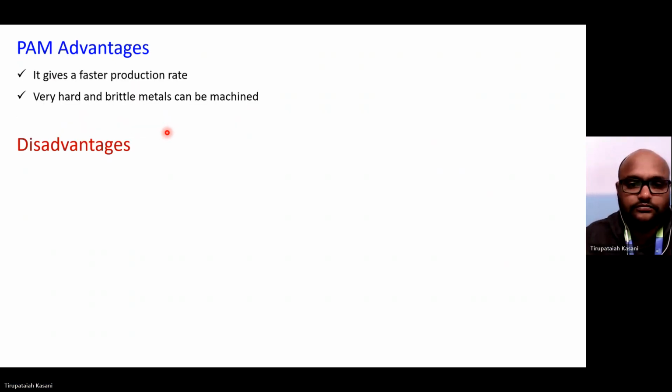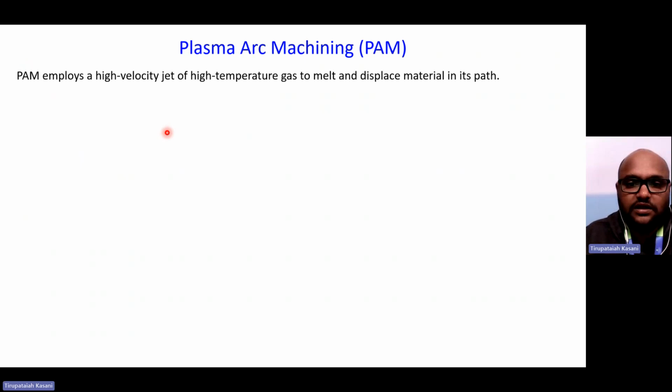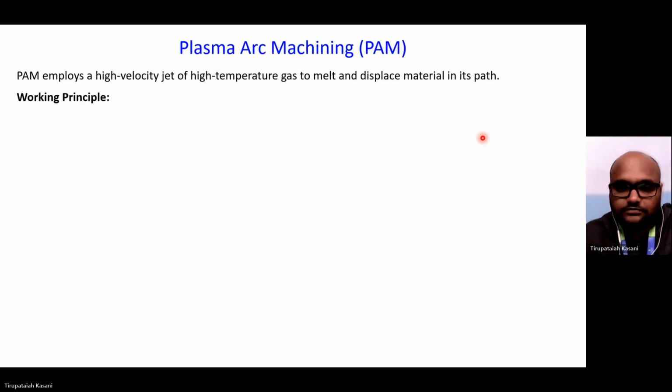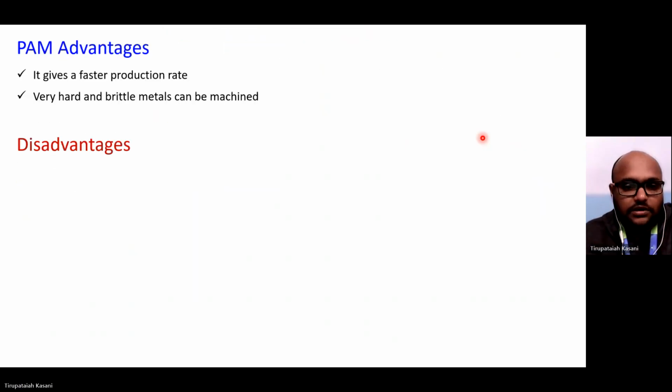If you observe here, this is the cutting gas, that is the swirl motion. This is the swirl motion here. Are you able to observe this? This is the inside bore, the inside of the nozzle. This is the swirl action.